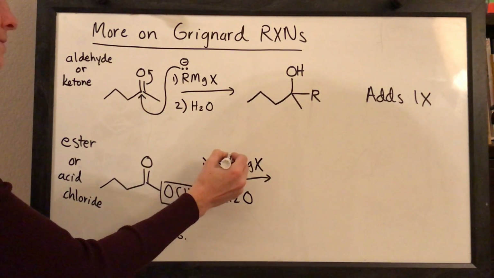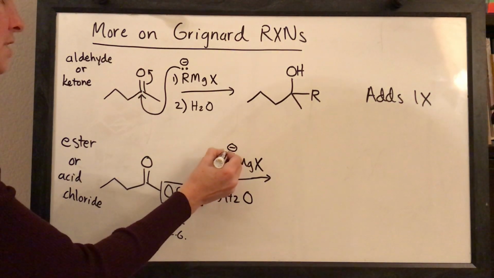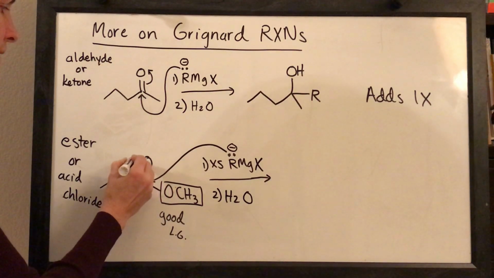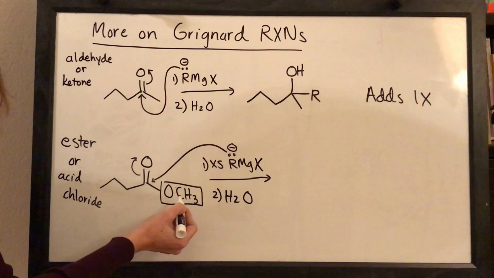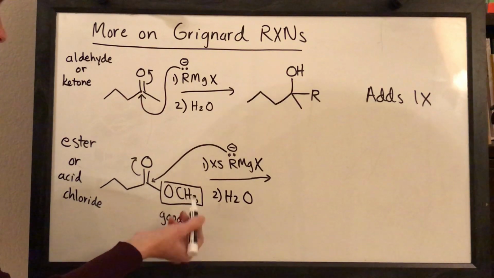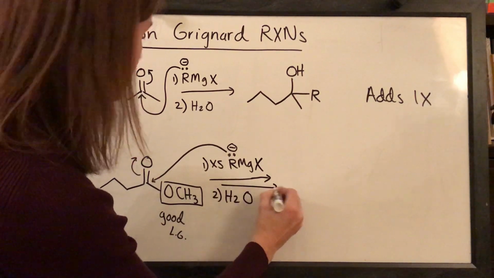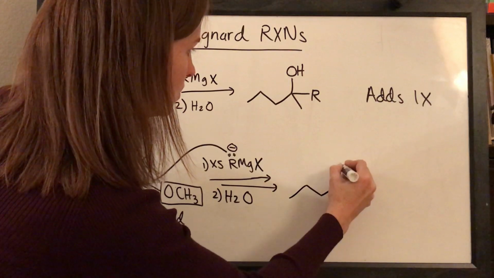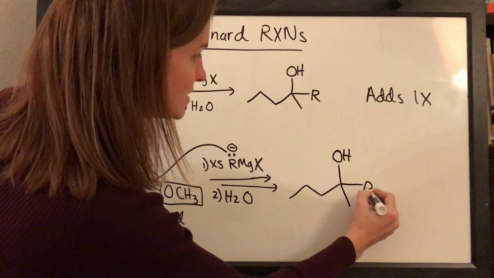And so we're going to start out the same way in the mechanism. That nucleophile from our Grignard reagent is going to attack that partial plus carbon. Electrons are going to kick up, but then they're going to kick down and kick out the leaving group. And then we have an aldehyde or a ketone, and the same thing can happen again. So the end result of all of these steps in the mechanism was that we're going to end up with an alcohol, but that Grignard reagent that we're adding adds twice.